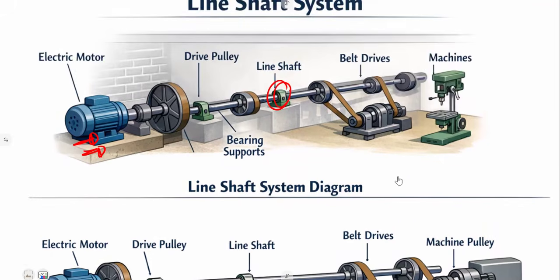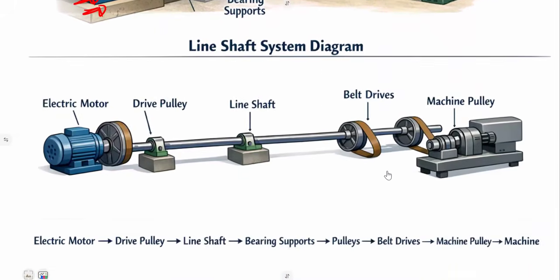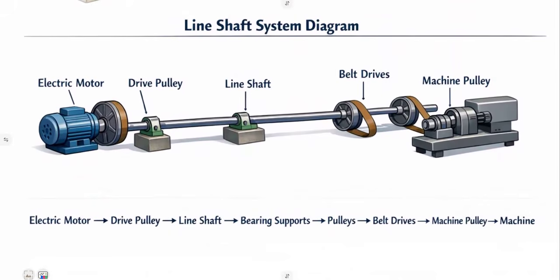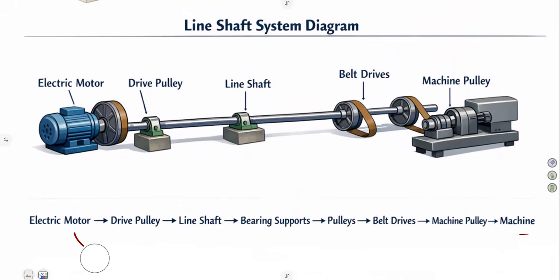Guys, just a basic view. You can see that it is a simple flow diagram that you're going to have from electric motor, drive pulley, line shaft, then we've got the bearing support, the pulleys, belt drives, machine pulley, machine, and so on. So how actually does it work?